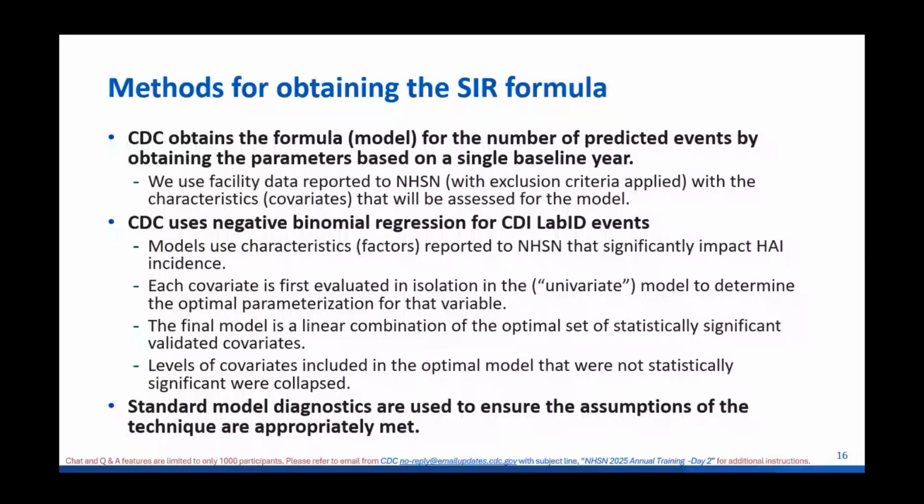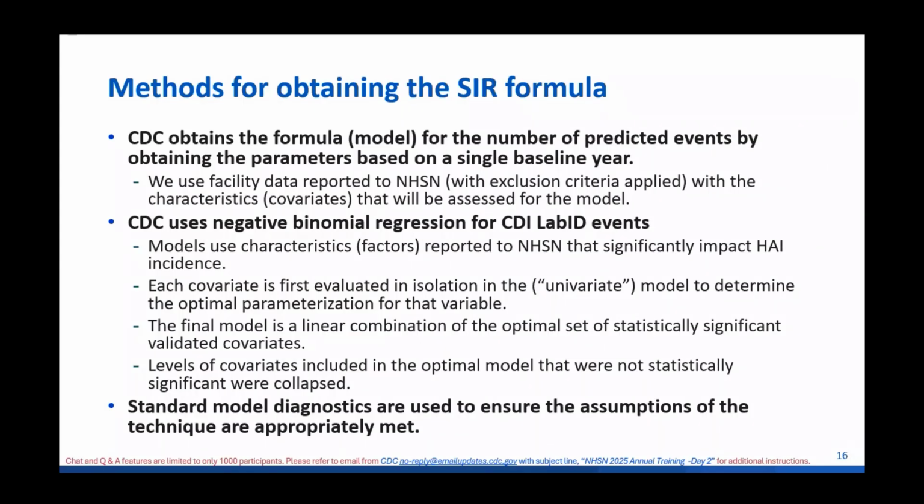Prior, it was based off of 2015. Facility data reported to NHSN for 2022 was used in modeling as long as the data met inclusion criteria. Next, to predict the number of LabID events, we used a negative binomial regression model. Now, we're not going to go into the specifics of this model, but it is a very common regression model for count or rate data, which is the kind of data we're dealing with right now, and is the same modeling strategy used in the former 2015 model.